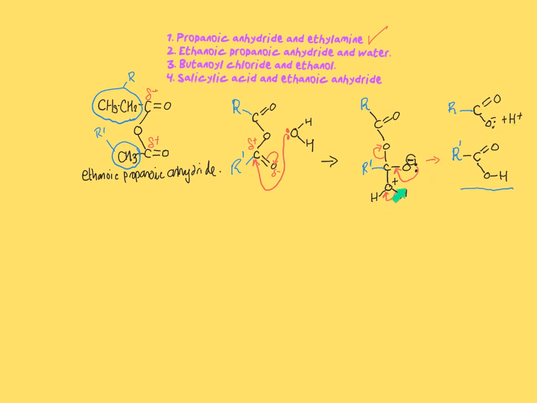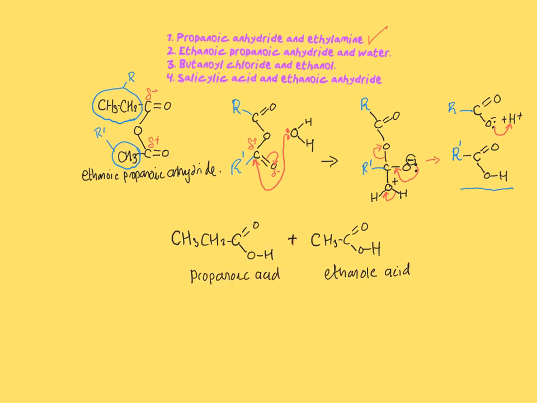The proton that's released from this intermediate is here, so that could then be attached to this carboxylic acid here. So all that remains is to now reinstate our R groups, and therefore the ethanoic propanoic anhydride, when hydrolyzed, broken up by water, breaks up back into its constituent carboxylic acids, ethanoic acid and propanoic acid.